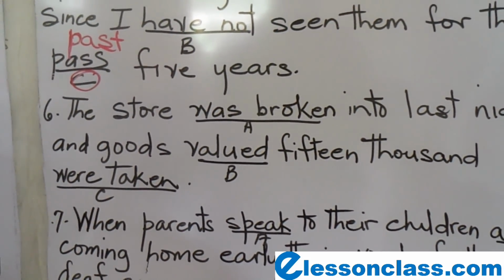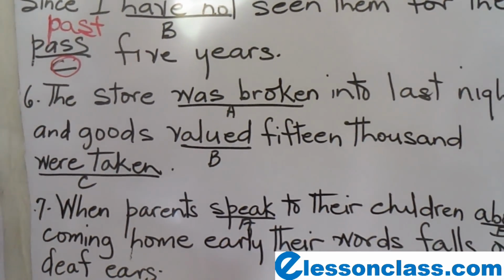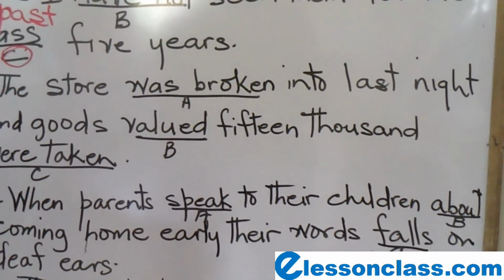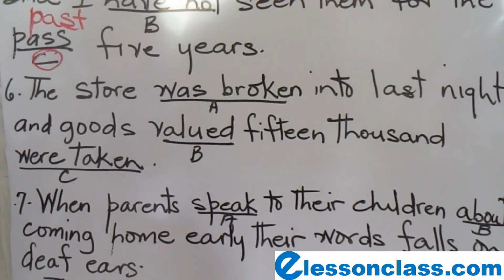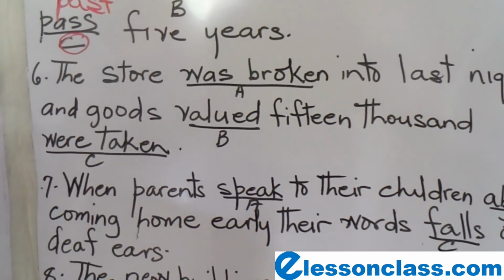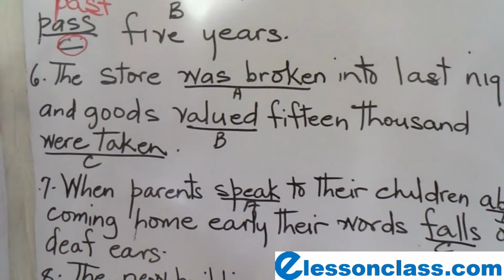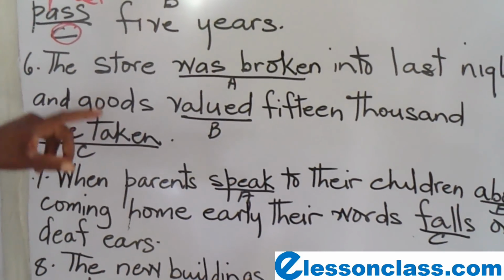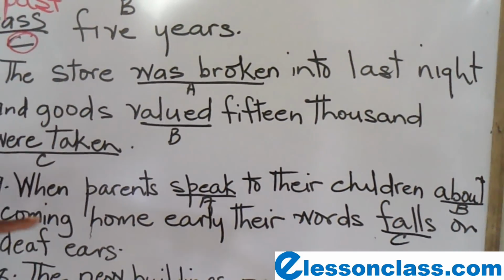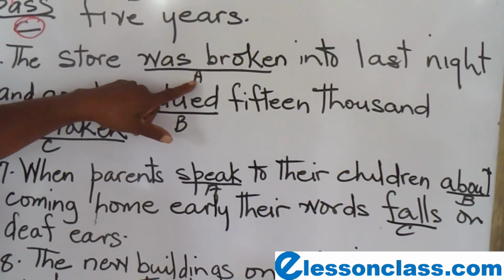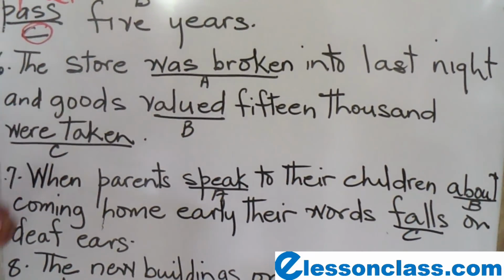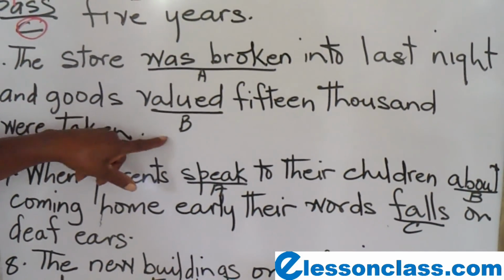Number 6, the store was broken into last night and goods valued 15,000 were taken. Let's read it again. The store was broken into last night. Was broken, correctly used. And goods valued.